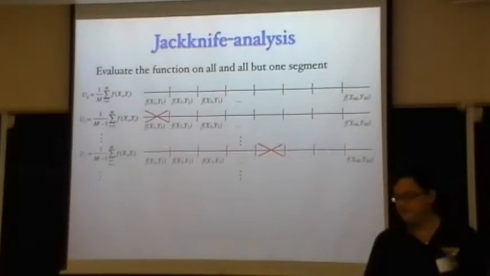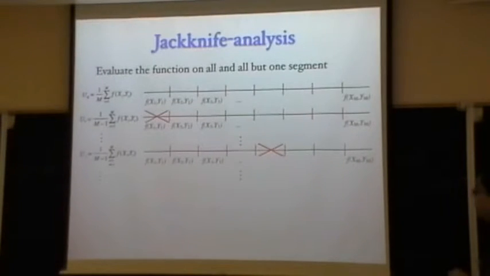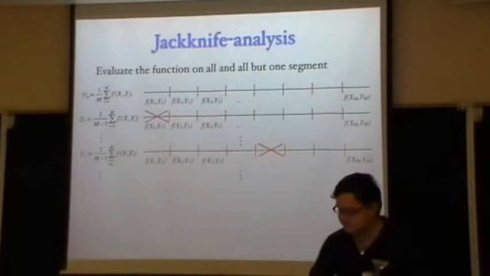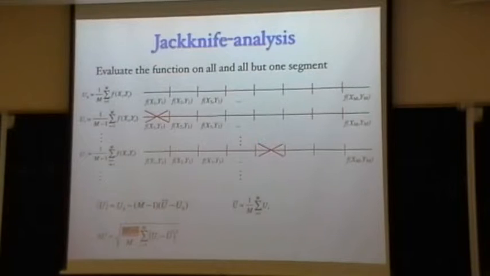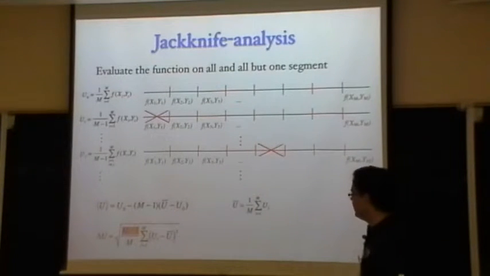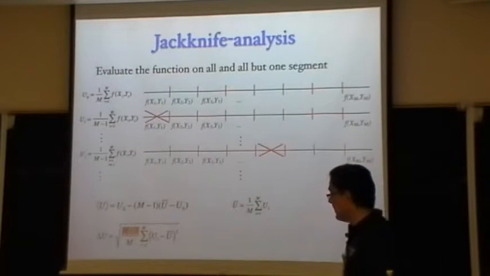And then you have M values where always one bin is missing. And then at the end you calculate the error from the values here, and it looks almost like the normal equation here for the error, but there's one extra factor of the n-1 in here.